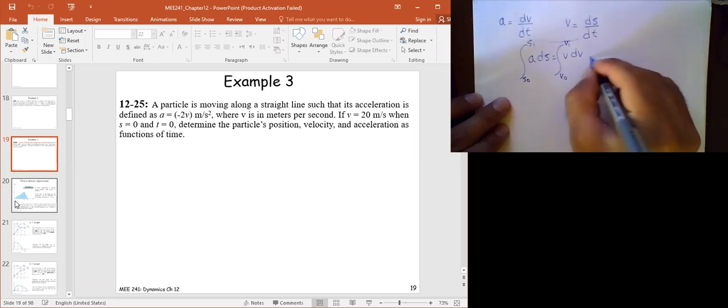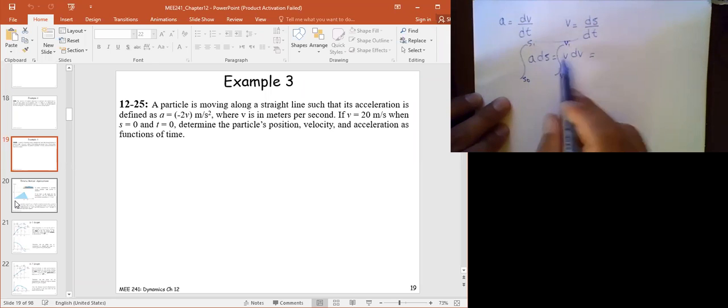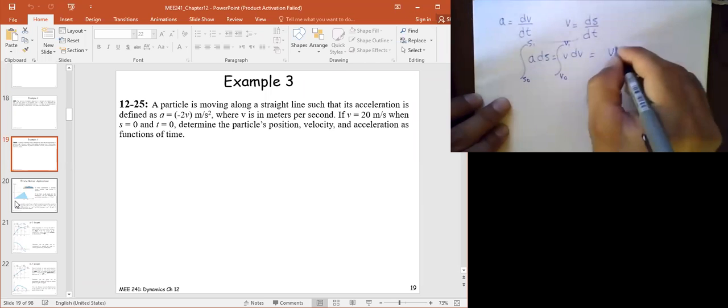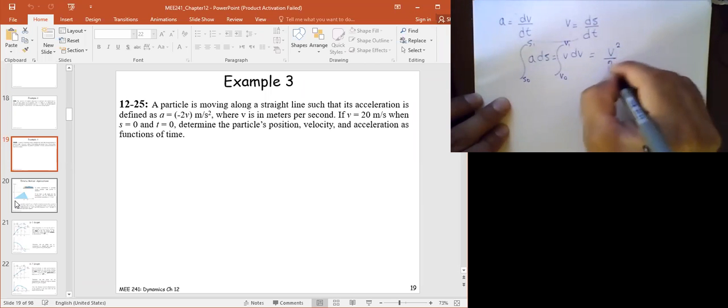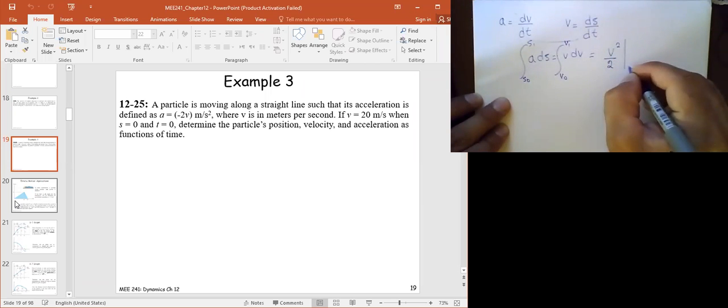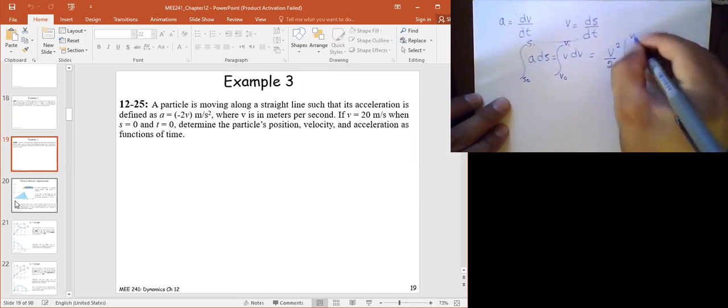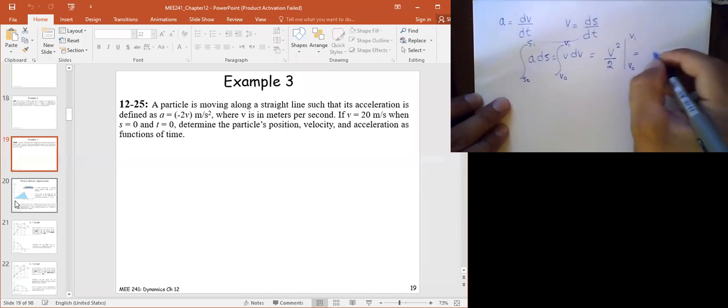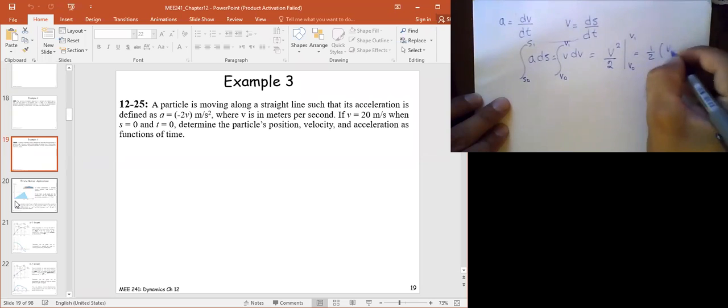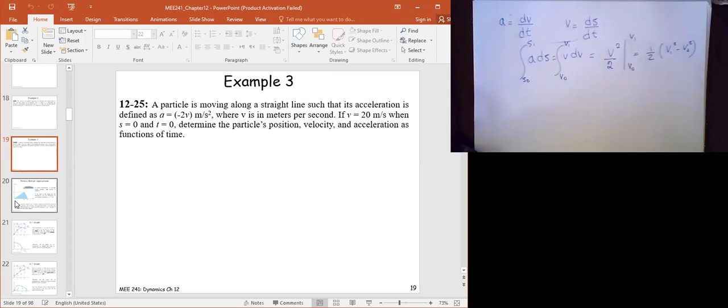Because here you have v dv, you can integrate it and it's going to be v squared over 2, with boundaries v0 and v1, which you could also write as 1 over 2 times (v1 squared minus v0 squared). All right, it's pretty basic.